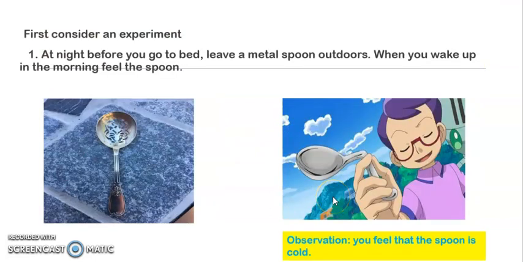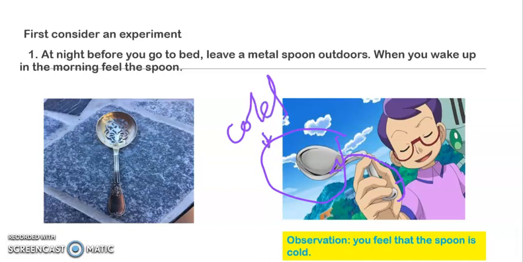So, what happens in the first experiment? You feel that the spoon is very cold. Compared to the coldness of the spoon, our body has some heat. So from the hotter body, that is from our fingers, heat flows to the metal spoon, so the metal spoon becomes cold and we feel it is very cold.